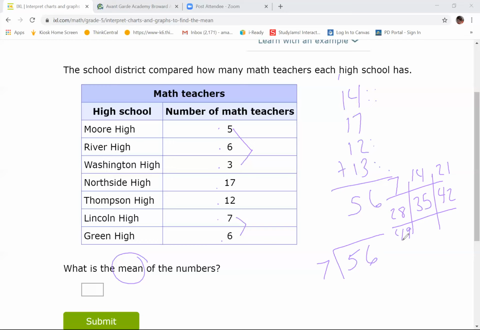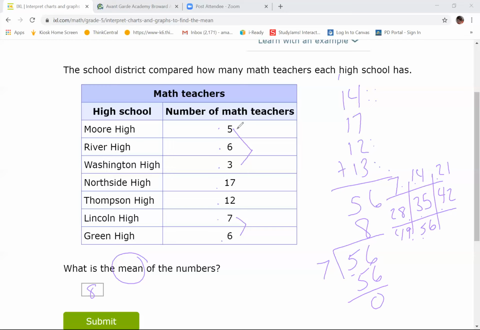And then 49 plus 7 is 56, isn't it? 8 times 7 is 56. So what is the average amount of teachers? The mean is 8. What does that mean?